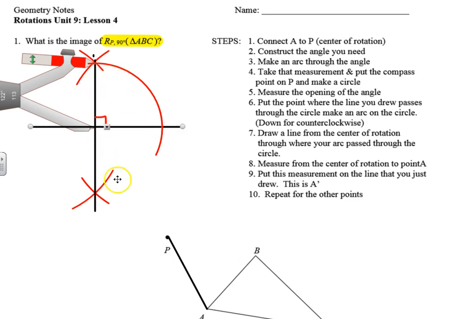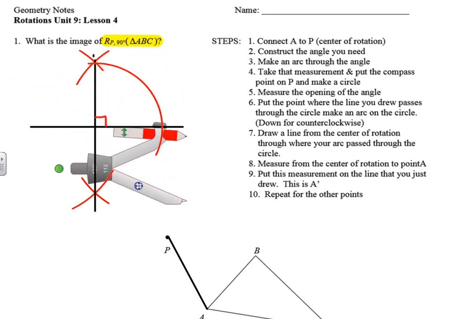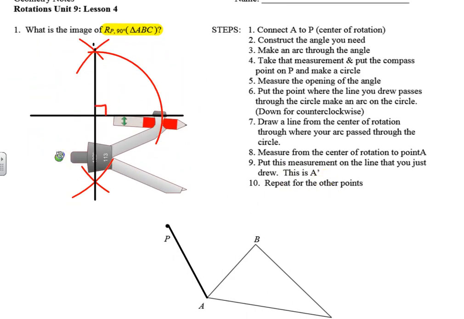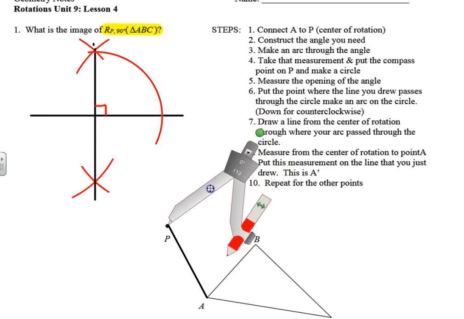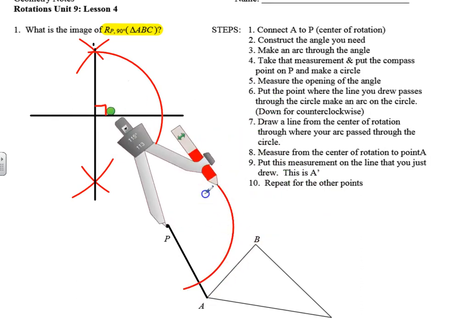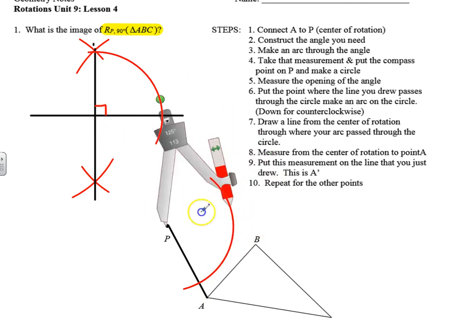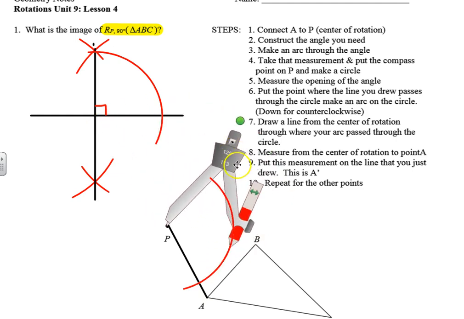And now that is my reference arc. With my reference arc, I'm going to come down here to point P, and I'm going to create this same reference arc here.